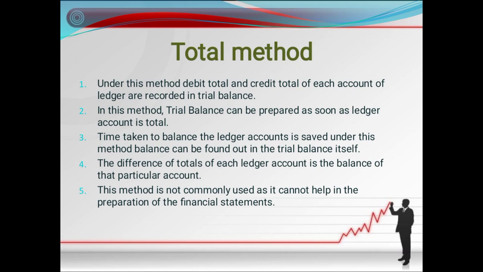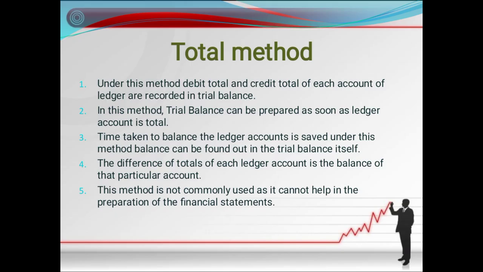Under this method, the debit total and the credit total of each account of ledger are recorded in the trial balance. That is, when we close down the ledger accounts, we have some balances over there.